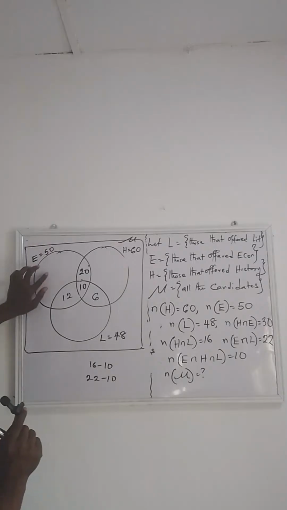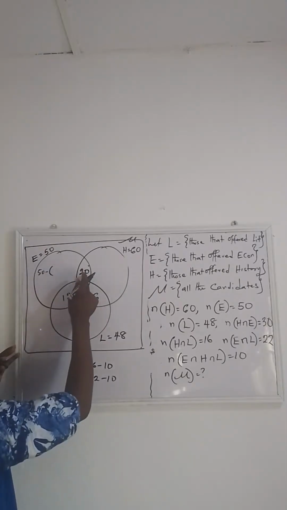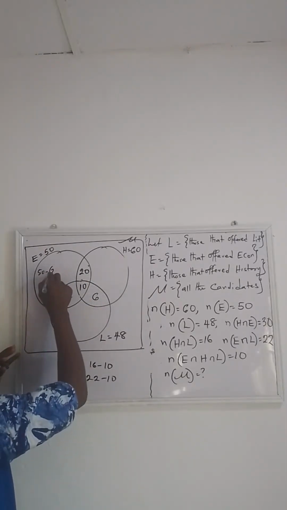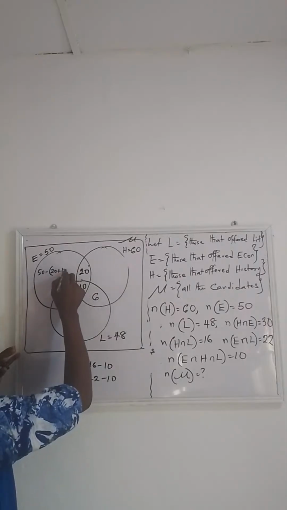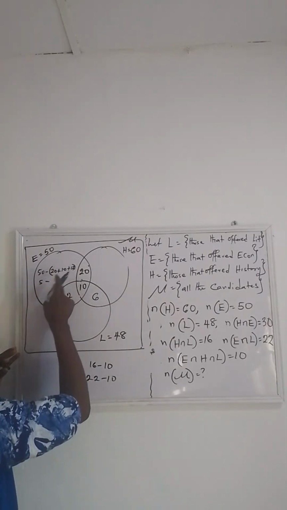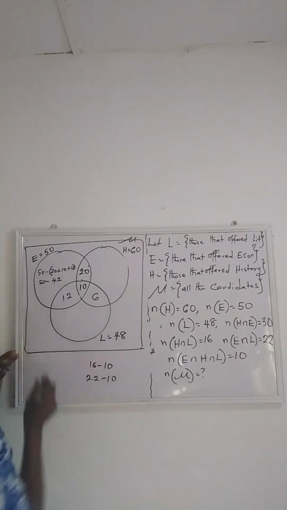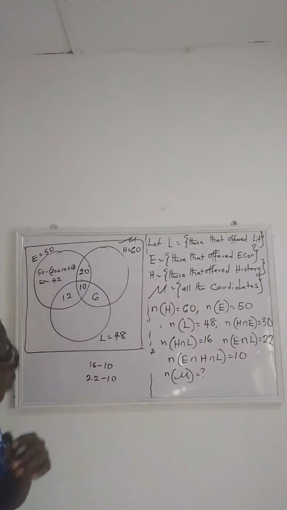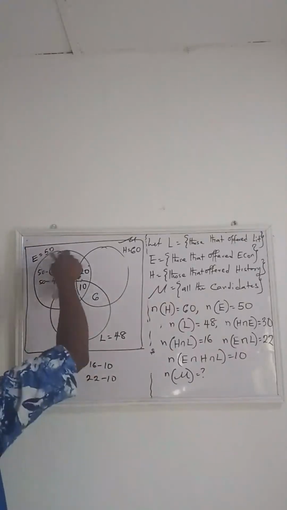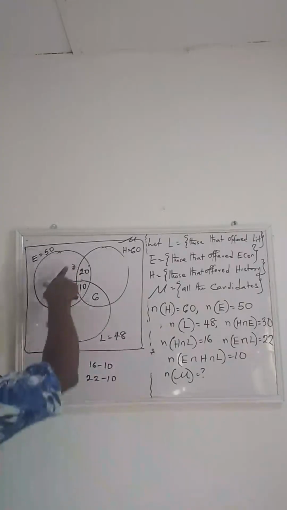So we have 50 minus, now you add all of these together: 20 plus 10 plus 12. So that is 50 minus 42, and that gives you 8. All right. So that means 8 students offered economics only. 8.